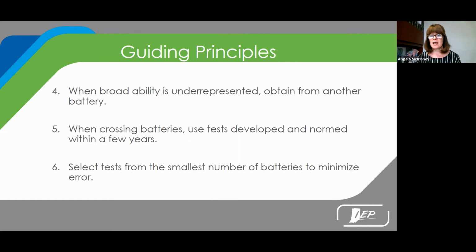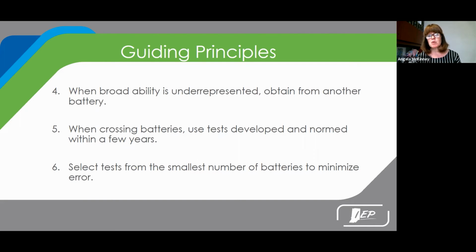So you really don't have a good score for that. And that's where the cross battery piece comes in. It says, I may have to dig into another test that will help give me a better sense of this broad area, or replace it as a whole because this test didn't have anything.